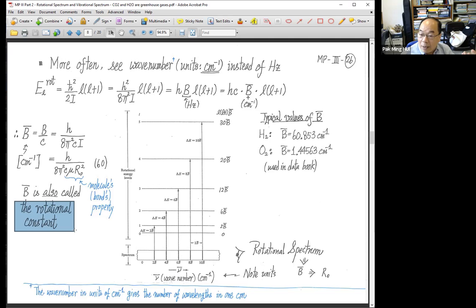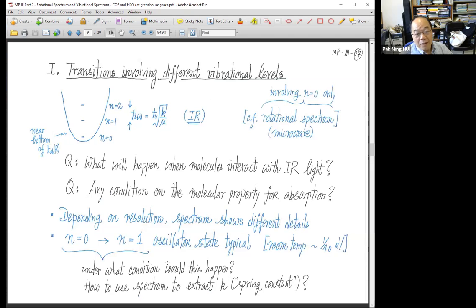If it is in wave number, then it is this particular combination with an additional c there. But again, don't worry, no new physics. If you are given a spectrum like this, there will be evenly spaced dips. The separation between two dips is 2 times b bar. Then you start analyzing, okay? So again, the point here is don't be scared off. That's enough for rotational spectrum.